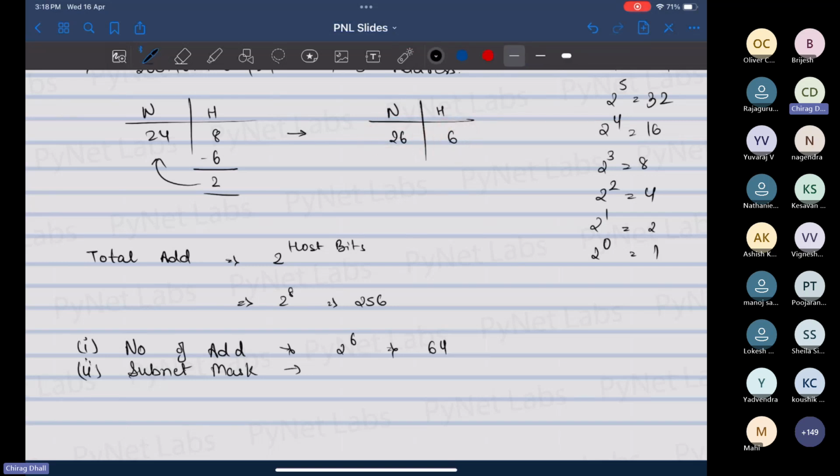6. So 26 network bits means 26 times 1. So 1, 2, 3, 4, 5, 6, 7, 8 dot 9, 10, 11, 12, 13, 14, 15, 16 dot 17, 18, 19, 20, 21, 22, 23, 24 dot 25, 26, 0, 0, 0, 0, 0, 0. This is the binary form.